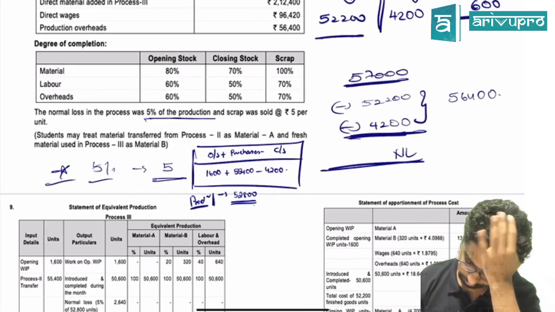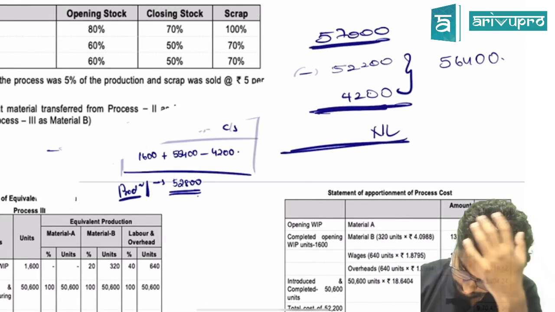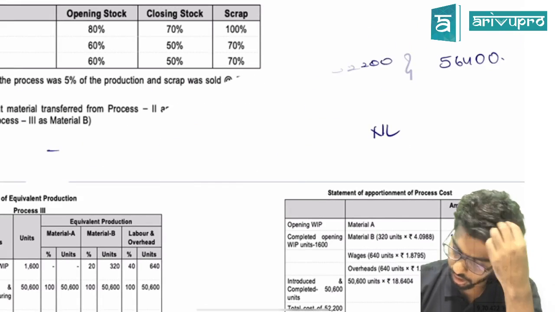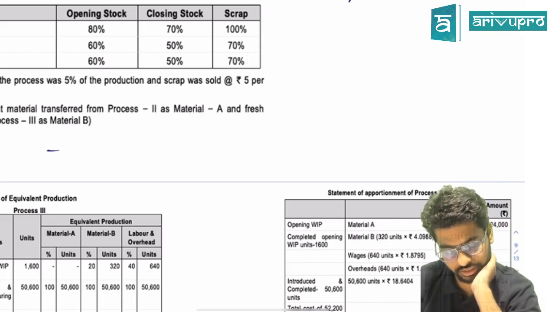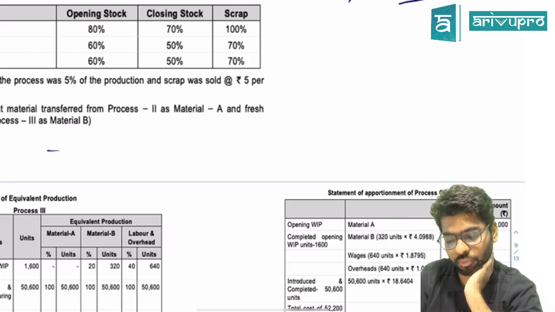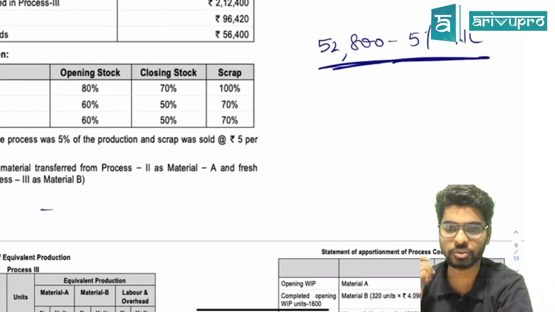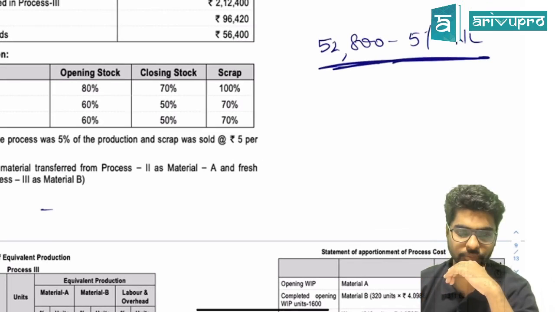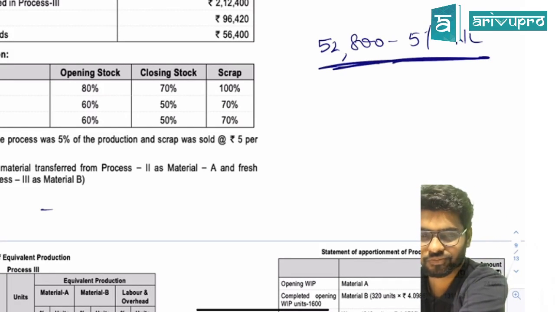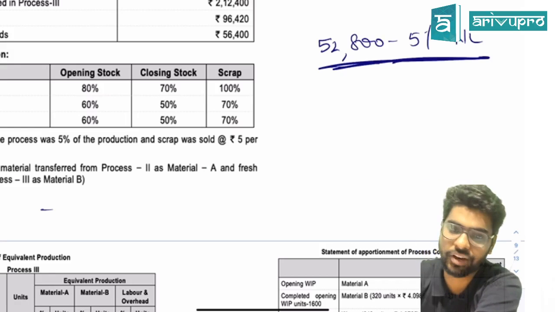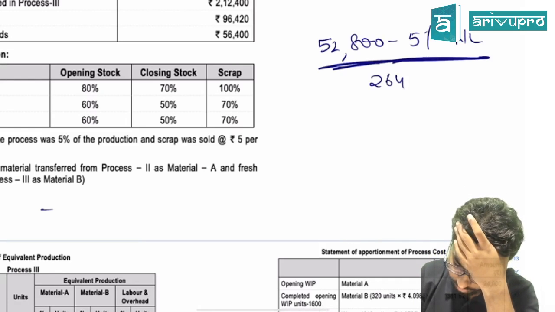Now, guys, see here, out of 52,800, 5% is my normal loss. How much does it come to? Yes, how much does 5% of 52,800 come to? 2,640.